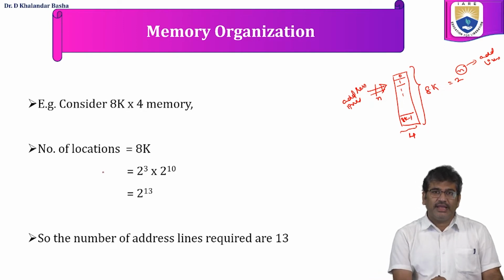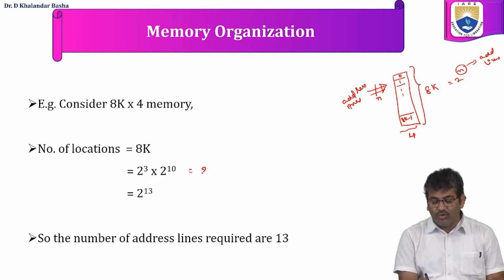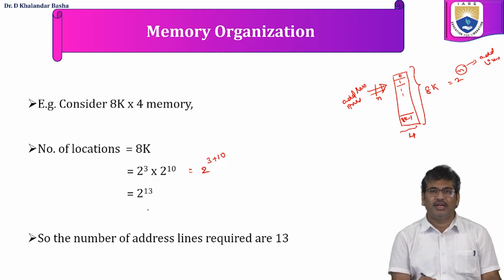So in the given example, the number of memory locations is equivalent to 8K. 8 we can represent as 2 to the power of 3. 1K is equivalent to 2 to the power of 10. We can write 2 to the power of a into 2 to the power of b as 2 to the power of a plus b, which is equivalent to 2 to the power of 3 plus 10, which gives 2 to the power of 13.